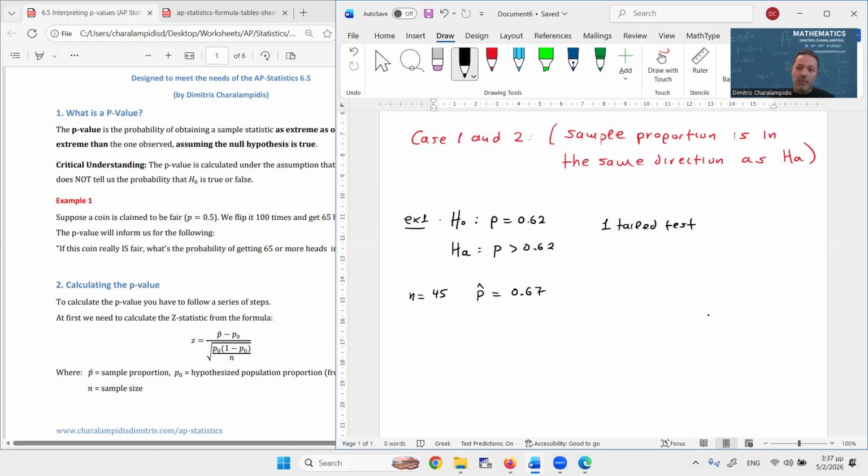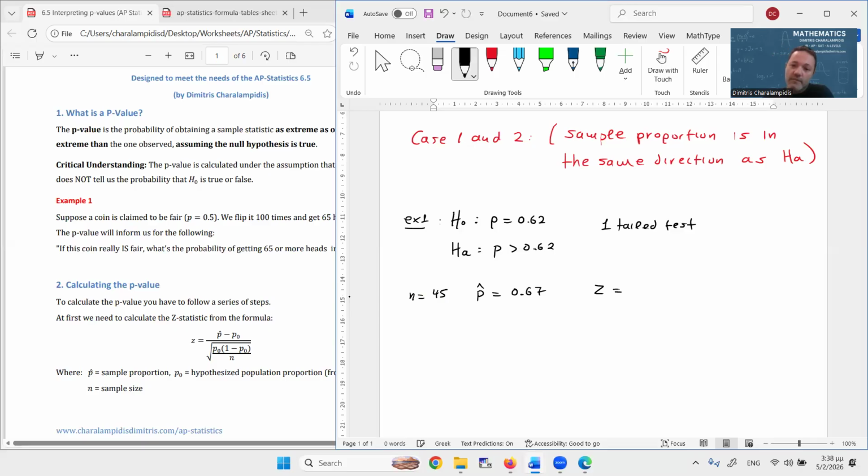The alternative hypothesis says that p can be greater than 0.62. My sample proportion is in that direction; it is greater than 0.62. So I have the size of the sample, the sample proportion, and the claimed proportion. With that, I will calculate the z-score.